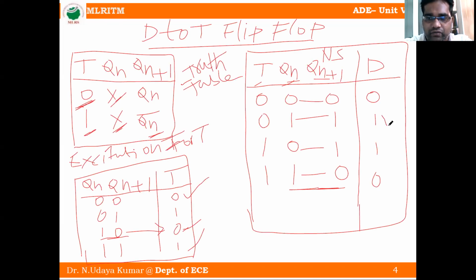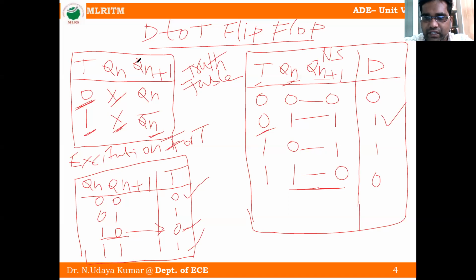Here we get 1 when T is equal to 0 and Qn is equal to 1. Then the second instance, when D is equal to 1, is when T is equal to 1 and Qn is equal to 0.